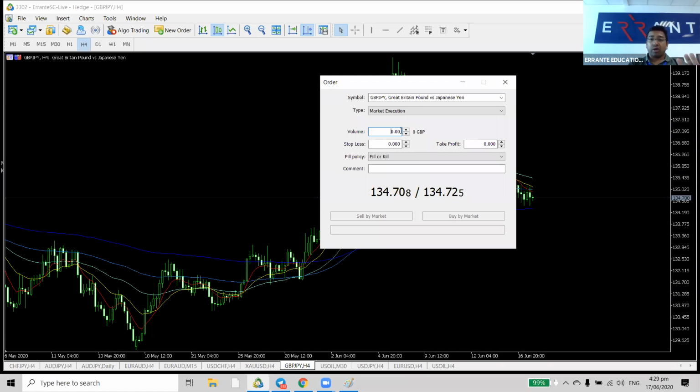I've got a very, very simple formula for that, but it does depend on your risk aversion, your level of risk, your risk appetite as well. And we've got a simple formula to help you understand whether it should be $1 per pip, or $5 per pip, or $10 per pip, which is one lot. It all depends on your risk level as well, your risk level in pips and your risk level in dollars.